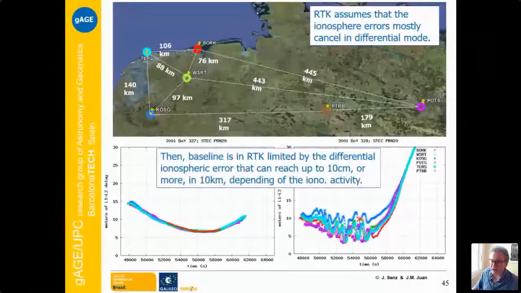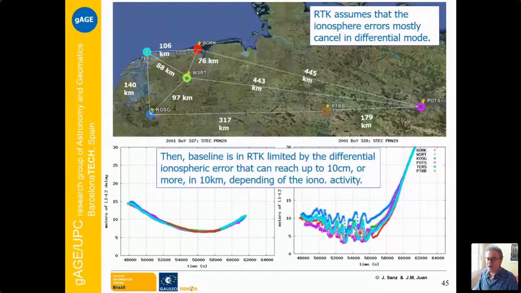In Brazil, there is a strong problem of scintillation. Then the ionosphere can be a threat.